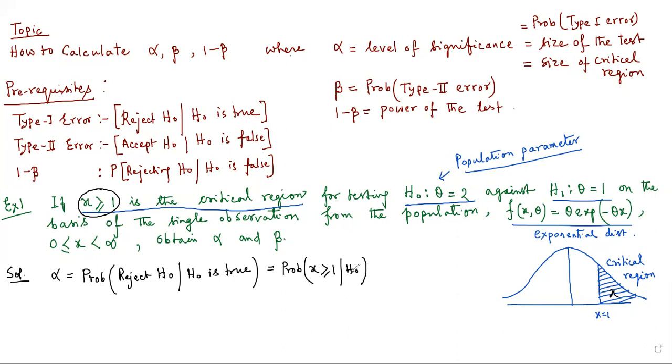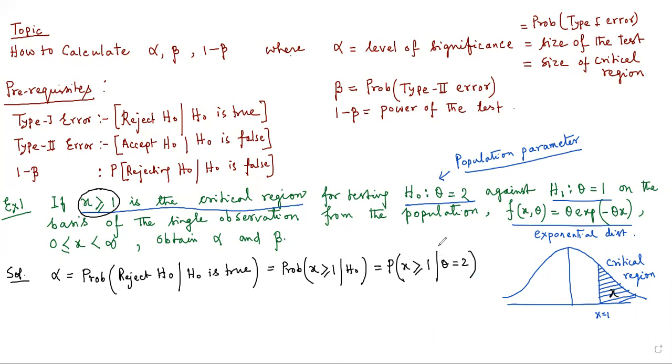Given that your H naught is true, I am writing in short. What is the statement of H naught? H naught statement is theta is equal to 2. So we can write it as probability of x greater than or equal to 1, given that theta is equal to 2.